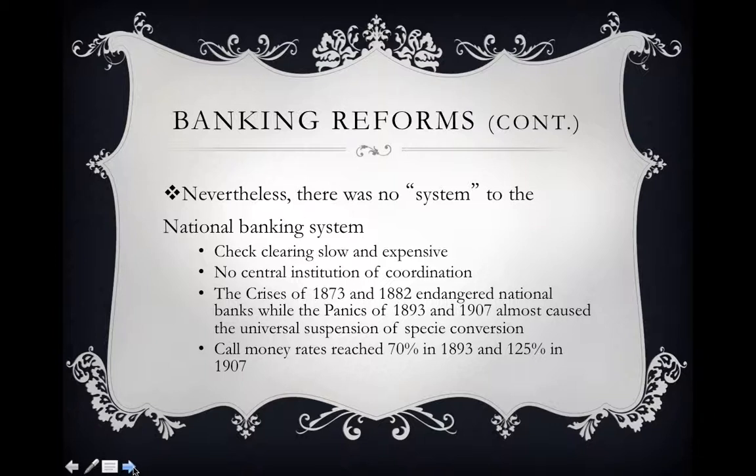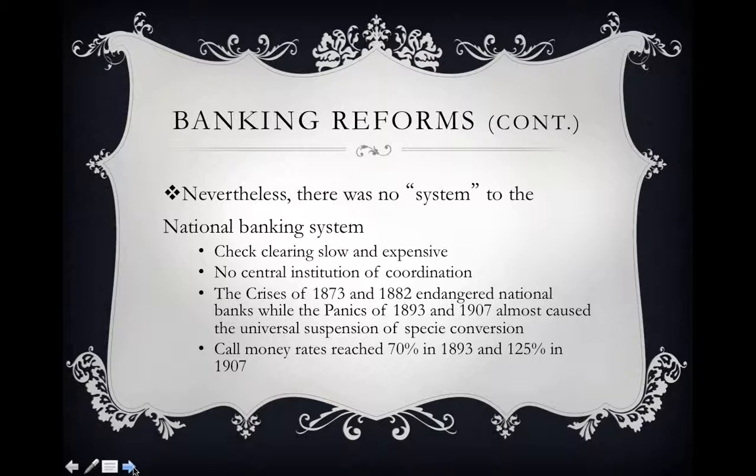If you went in with a banknote and said, "Give me gold or silver for this," the banks would refuse. All right. Call money rates, that's interest rates on short-term loans, reached 70% in 1893 and 125% in 1907.